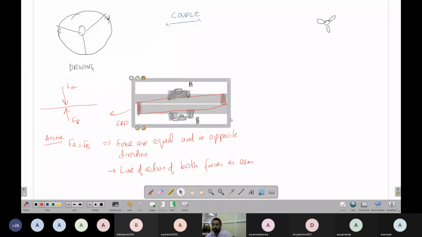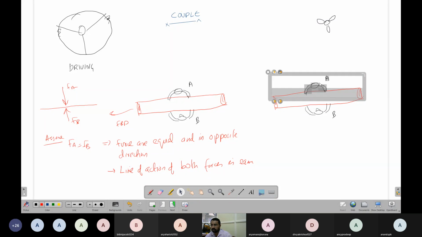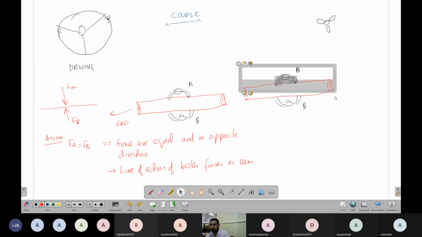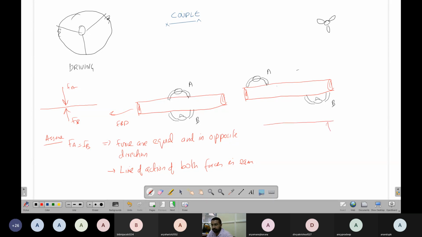The second condition is the same log. Let's say this person has moved, and this person has moved to this side. Now, if you want to draw the free body diagram, it looks something like this. FB, FA, both are the same.